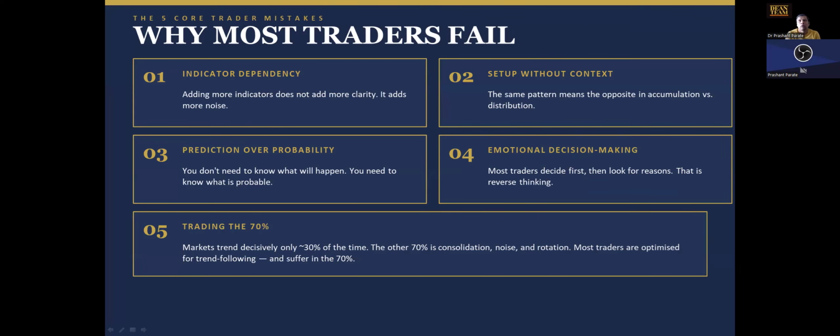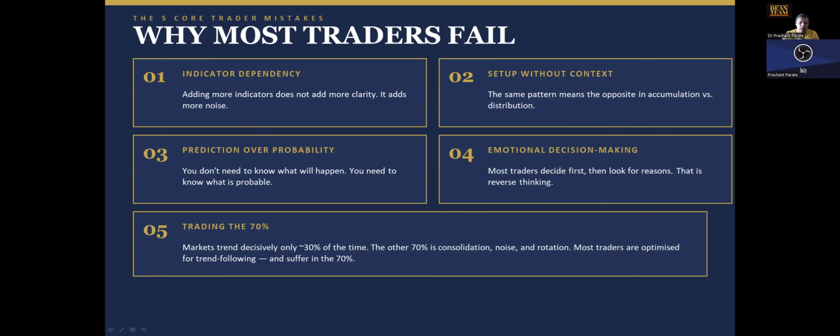Why most traders fail is more important, and we have to understand that if people become dependent on indicators, then adding more indicators does not add more clarity; it adds more noise. Indicators are useful, but only when you understand the market phases and how to use the indicators correctly in that market phase.